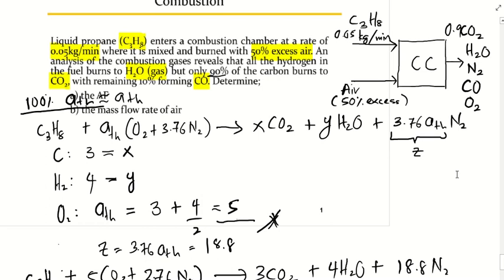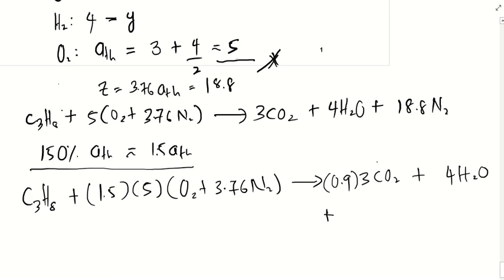Okay, we have formation of carbon monoxide, CO, and then plus O2 due to excess air, and then nitrogen. So X, Y, and Z.